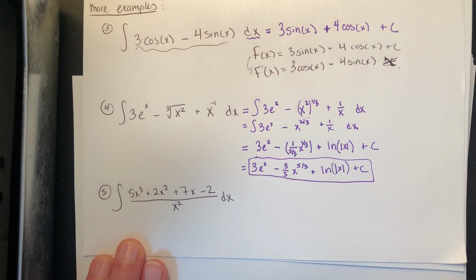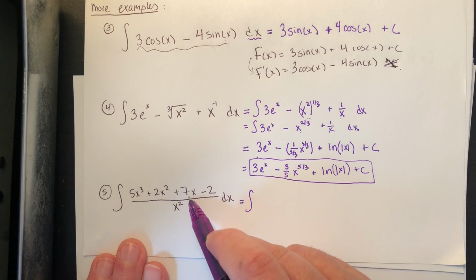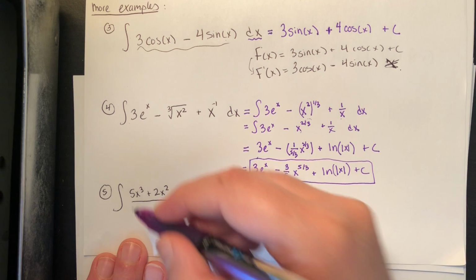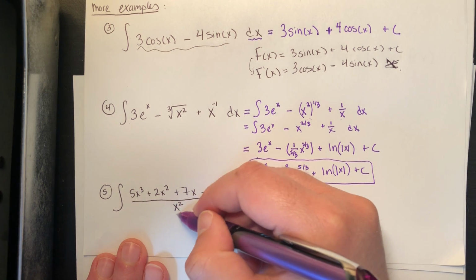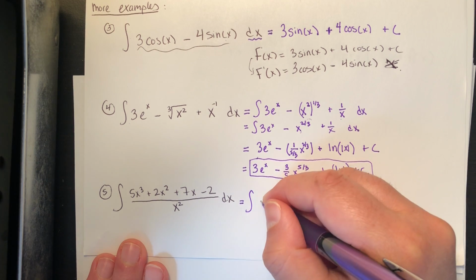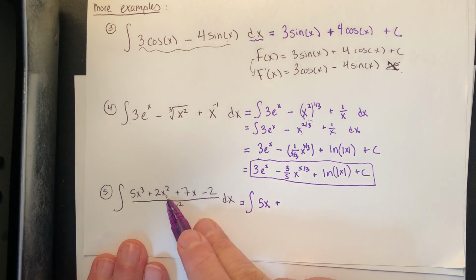Right? I can rewrite this without a fraction by just dividing each individual term by x squared. Right? So I could rewrite this as, well, what's 5x cubed divided by x squared? It'll cancel out 2 of the factors of x, and I'll just be left with 5x. Plus, what's 2x squared over x squared?